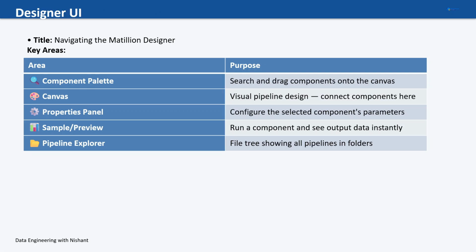Let me take you through the designer UI also. We will have this start component, and then these create table and load data components. We are going to extract data from external sources, load the data into the table, and then run the transformation, which calls a transformation pipeline inside it.